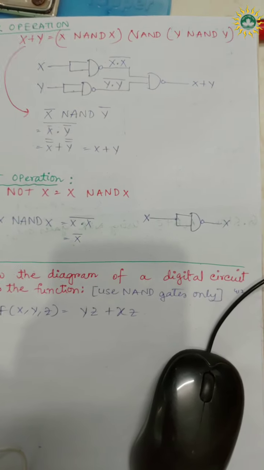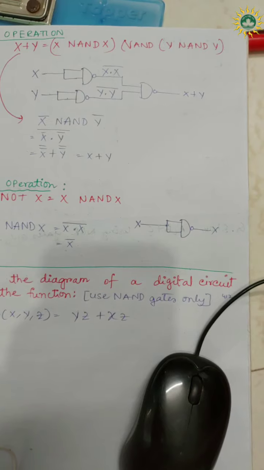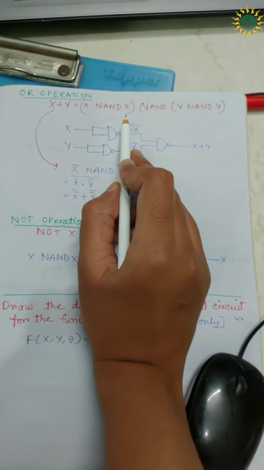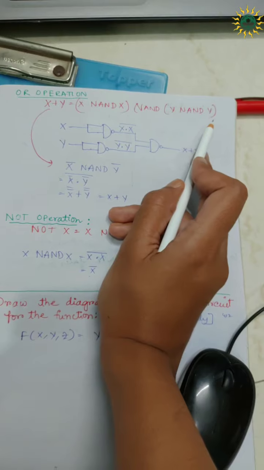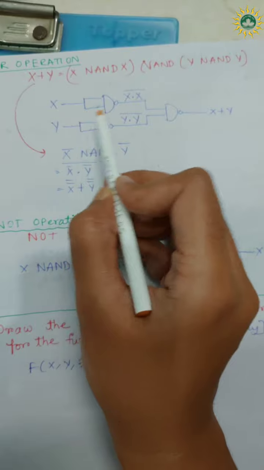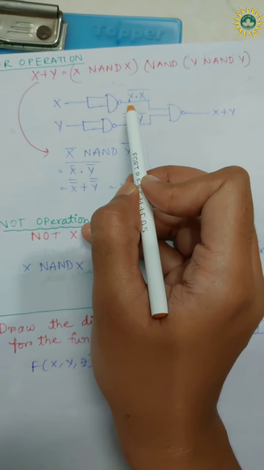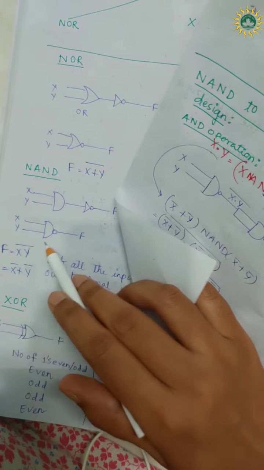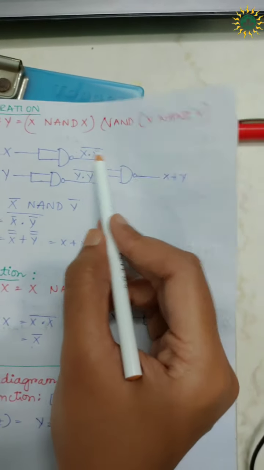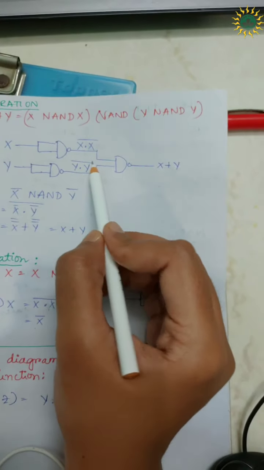For the OR operation, what you have to do is x NAND x and then y NAND y, and then NAND them together. Now you will pass it through like this: x through the NAND gives you x dot x bar, and y dot y bar, so multiply and then NOT, that is NAND.